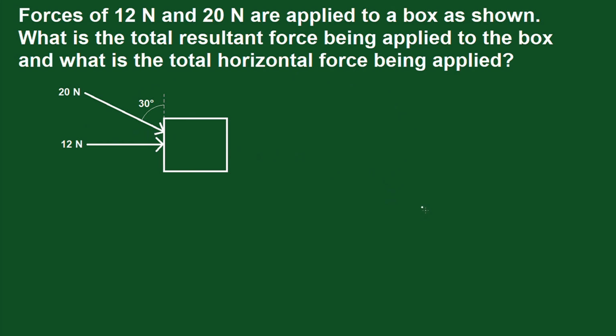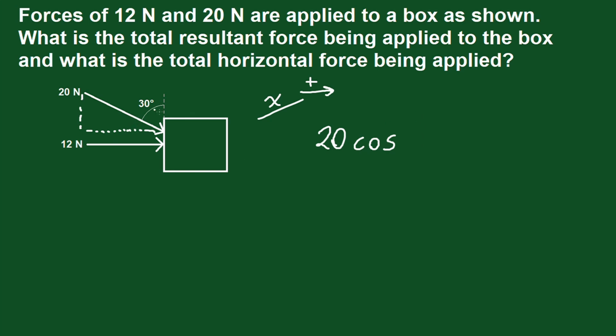So let's actually look at this. We can break down each of these vectors into their x and y components if we want to do it that way. We'll look at that first vector. We'll break it into the horizontal components here, and I'm going to say that to the right is positive again. Again, that's a nice way to do it. So we'll say that our x component of this vector here is equal to 20 multiplied by cos of, and then what angle would we use?